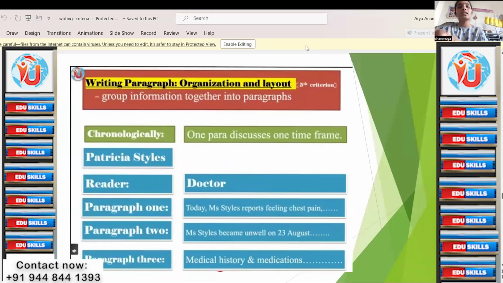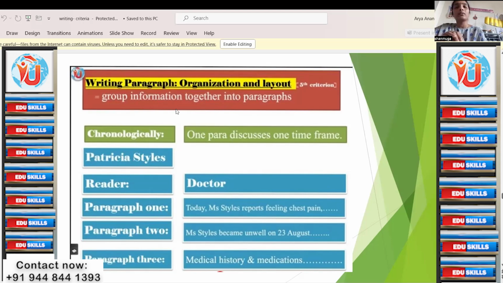Here you can see chronological ordering, grouping information together into paragraphs. What does chronological mean? One paragraph discusses one time frame. As I said, 6 visits: you can write first visit, second visit, third visit, fourth visit. Here is Patricia Styles' case note. The reader is a doctor. Paragraph 1 is what happened today, which is the most important thing.